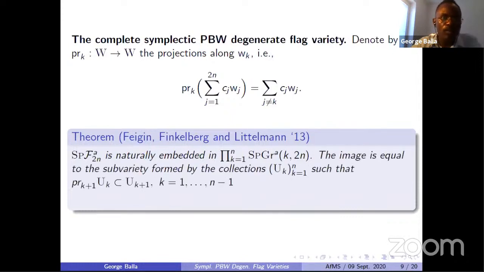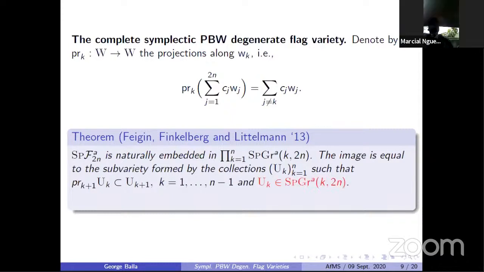And they proved further that the image of this embedding is given by the collection of all subspaces such that when you project along the coordinate k plus 1 of U_k, this should lie in U_{k+1}, for k from 1 to n minus 1. And the extra condition, as we would expect, is that every subspace must lie in the symplectic PBW degenerate Grassmannian variety.